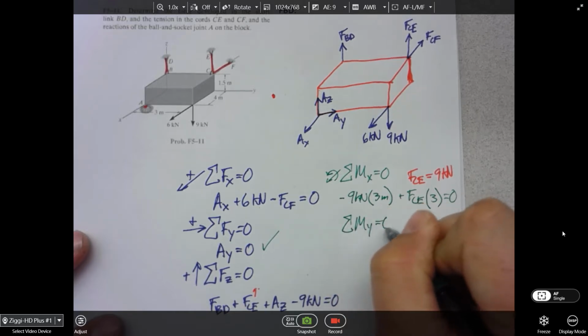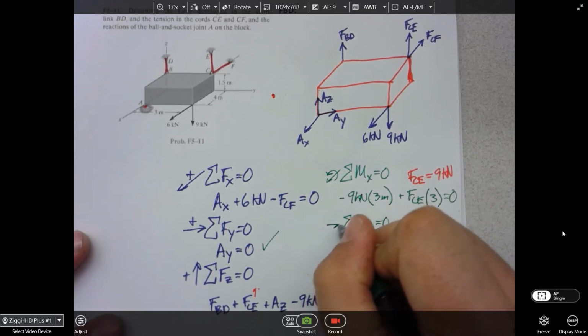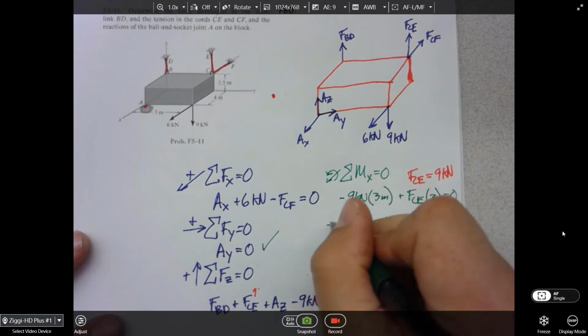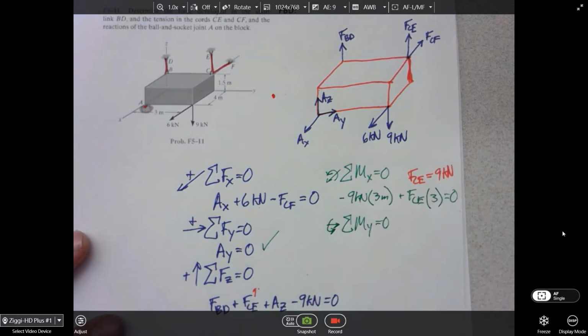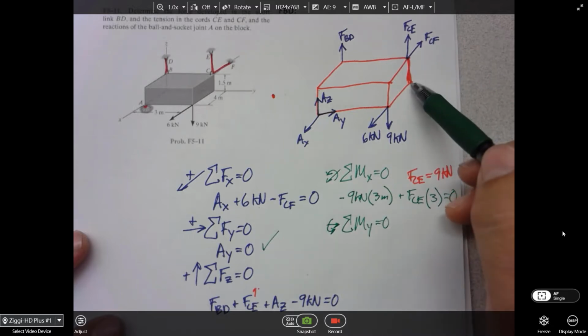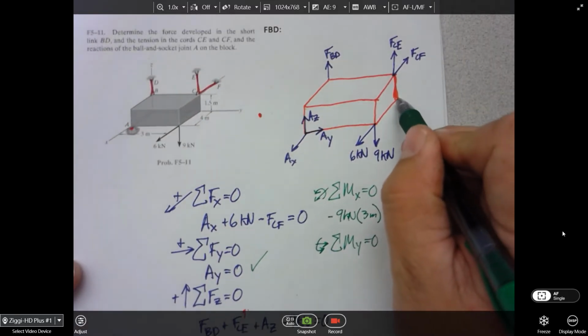about the y-axis. That's going to be this way, and positive would be like that. So here's the y-axis in our drawing, right? It's coming out right here.